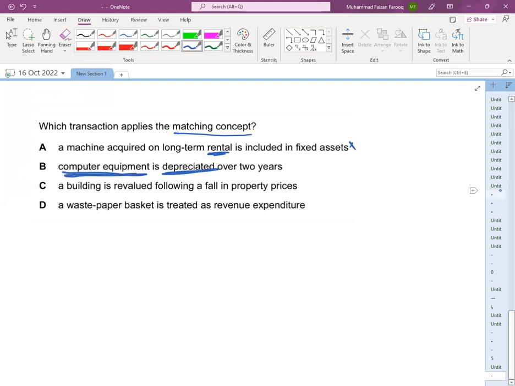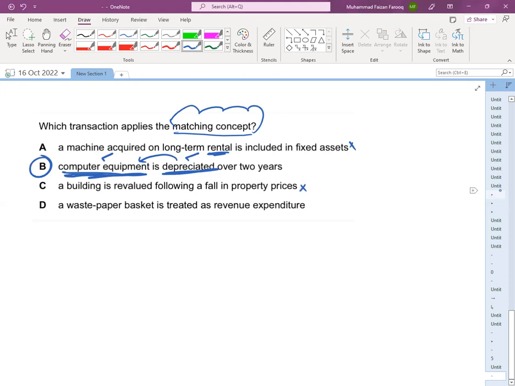Equipment is giving me economic benefit. Recording wear and tear, depreciation, yes. Expense must be matched against the income. Computer equipment is not an income, but it is generating economic benefits for you, which is an income. So the answer is B, matching concept.